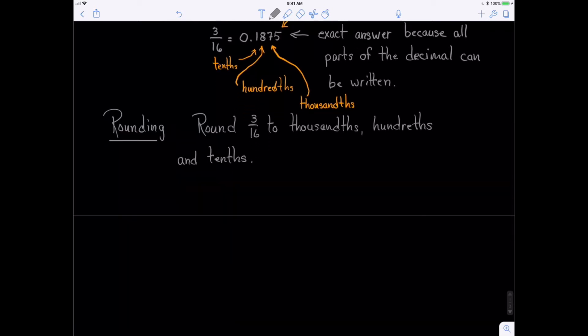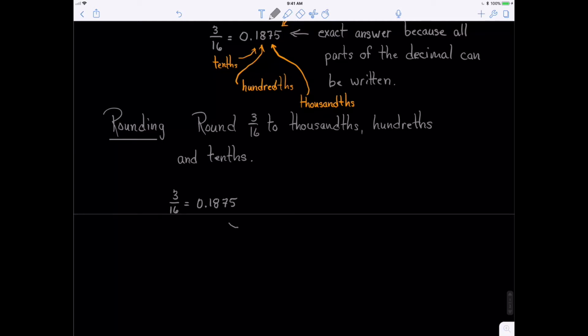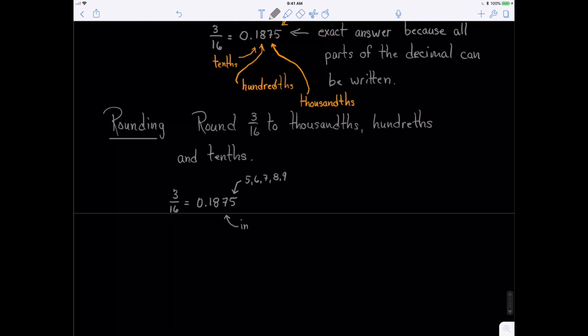So if I start out with 3/16, it equals 0.1875. Now, if I'm going to round it to the thousandths, I take a look at the number in the thousandths position, the 7, and then I look to the right. I see a 5. If I see a 5, 6, 7, 8, or 9, then I increase the 7 by 1.